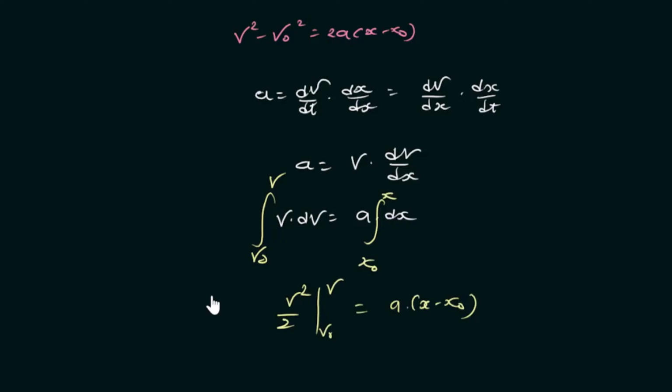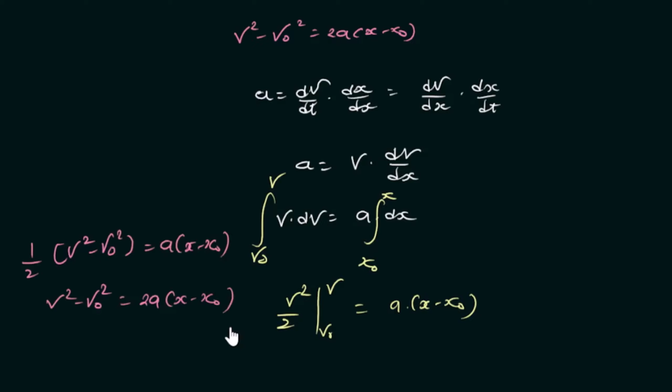If you put the limits here, it is v square minus v naught square by 2 equals a times (x minus x naught). So v square minus v naught square equals 2a times (x minus x naught). Finally, this is our equation number 3.